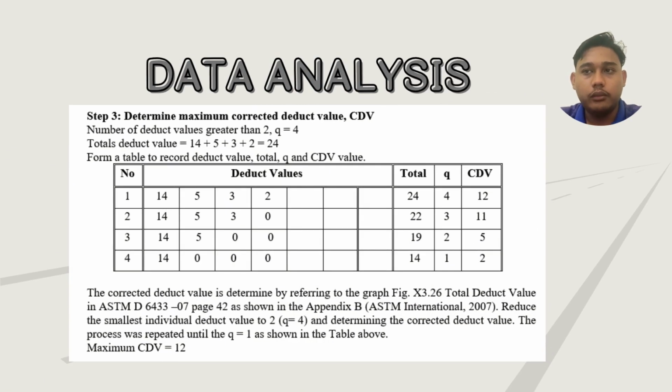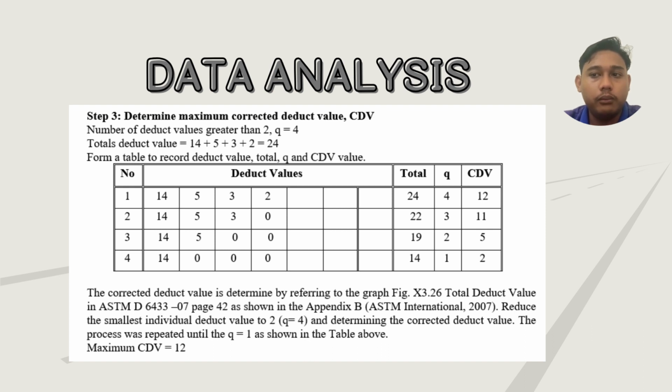So step 3 is determine maximum corrected deduct value. The number of deduct values greater than 2 is Q equal to 4, and the total deduct value is 24, and the corrected deduct value is determined by referring to the graph of total deduct value in ASTM D6433-07 page 42, and reduce the smallest individual deduct value to 2, Q equal to 4, and determine the corrected deduct value.